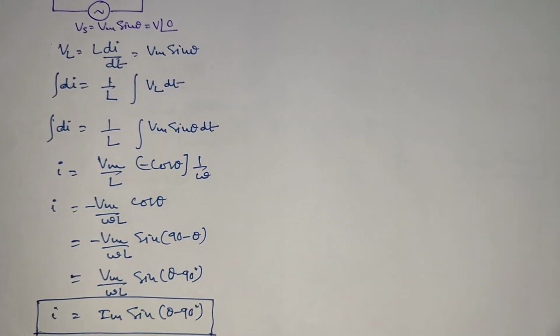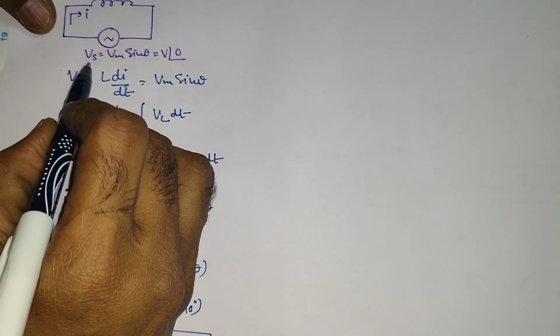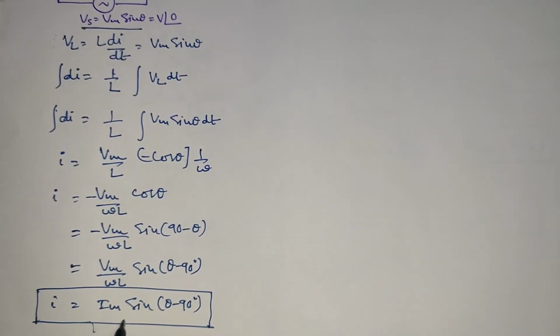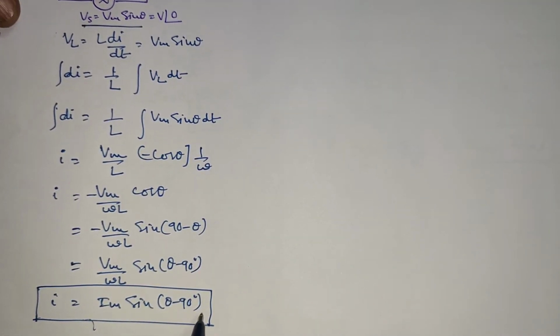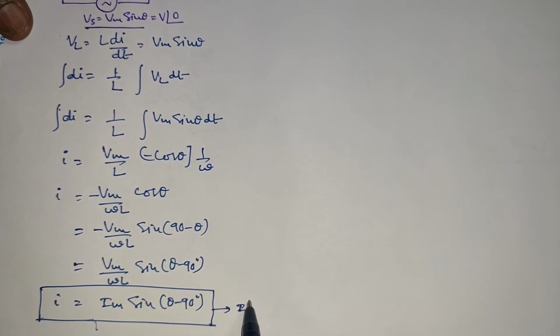If you observe the equations of voltage and current carefully, first we considered the equation for voltage as Vs equal to Vm sin theta, and we got the equation for current as Im sine of theta minus 90 degrees. So this can be represented in polar form as I at an angle of minus 90 degrees.